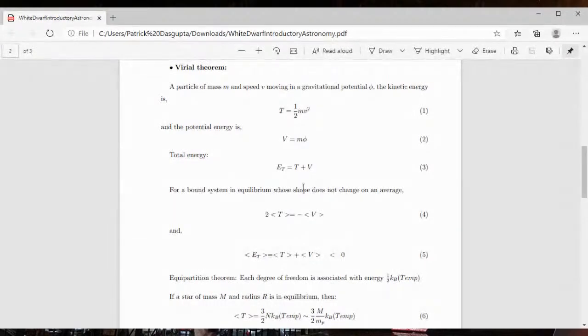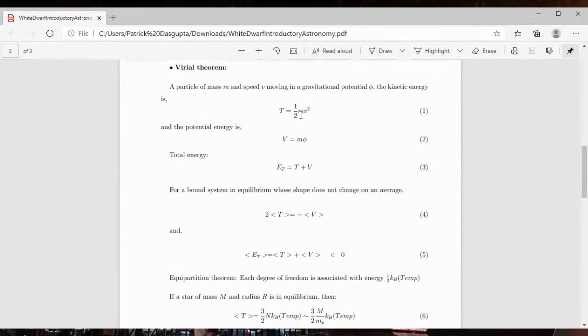For such a condition of a bound system whose shape is not changing, the virial theorem states that twice the average kinetic energy must be equal to the negative of the average potential energy. Average meaning what? Everyone knows some amount of statistics.